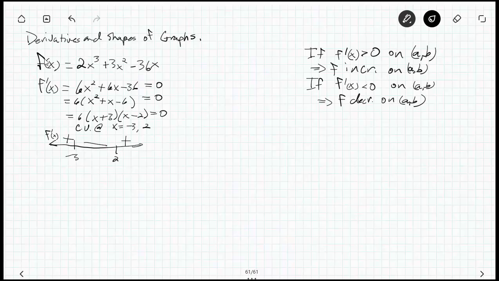So what I have is a function that increases, levels off, decreases, levels off, and increases again, which gives me this wonderful piece of information. I know that my function is going to have what appears to be a relative max there, and a relative min here. That's pretty easy.